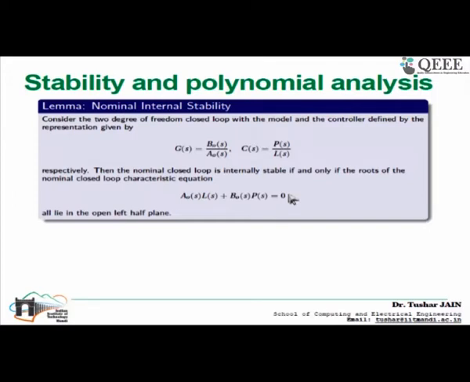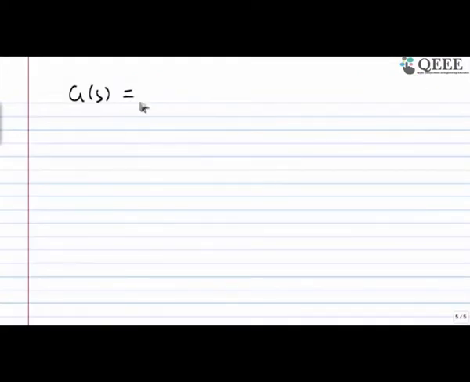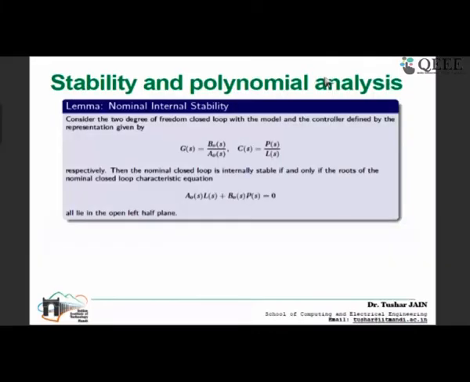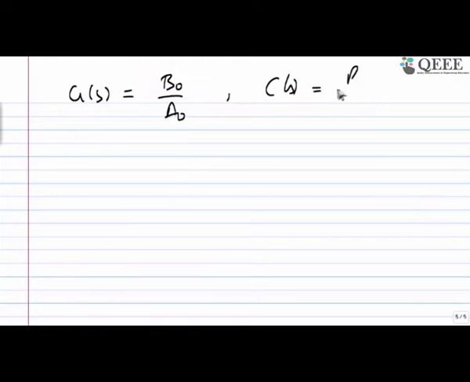And from where do you get this result? Basically, from where do you get this equation? If you see, G of s was B naught over A naught, and C of s was P over L, and we have seen that there was one common thing in all those sensitivity functions, the denominator, which was given by 1 plus G s C s.